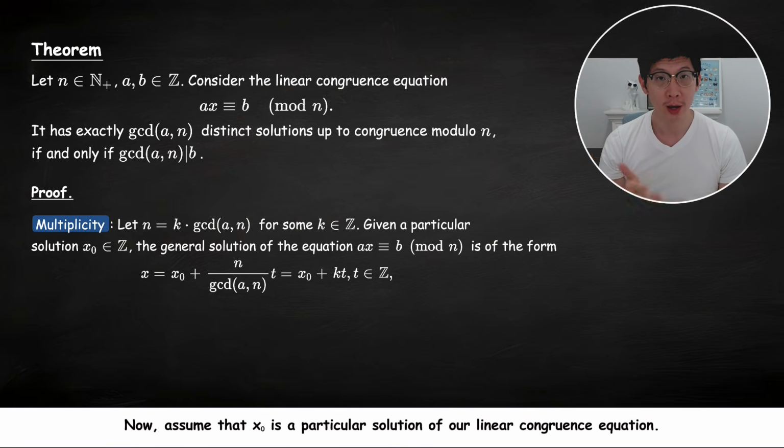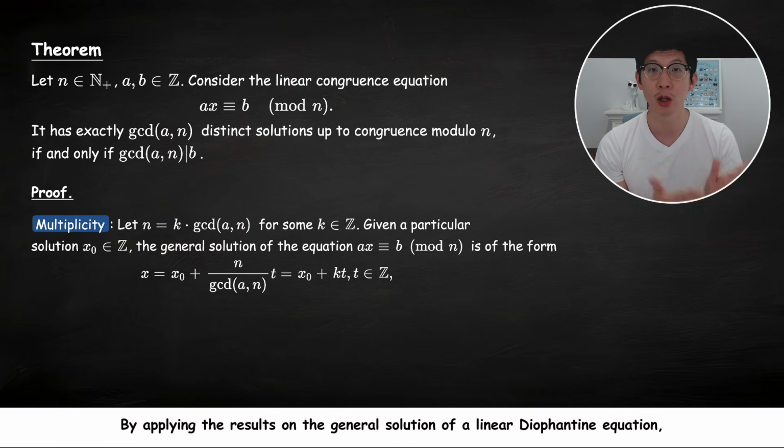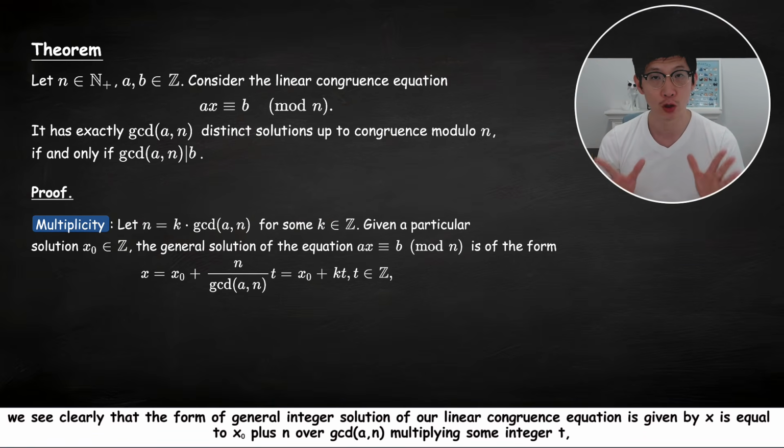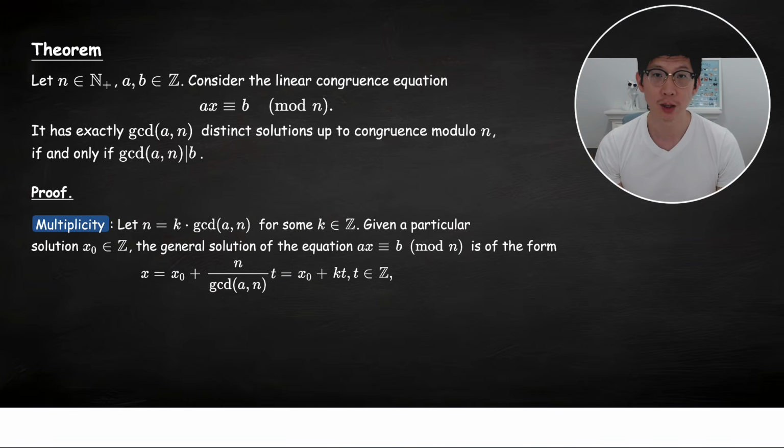Now, assume that x0 is a particular solution of our linear congruence equation. By applying the results on the general solution of a linear Diophantine equation, we see that the general integer solution is given by x = x0 + (n / gcd(a, n))t for some integer t. That is, x0 + kt.